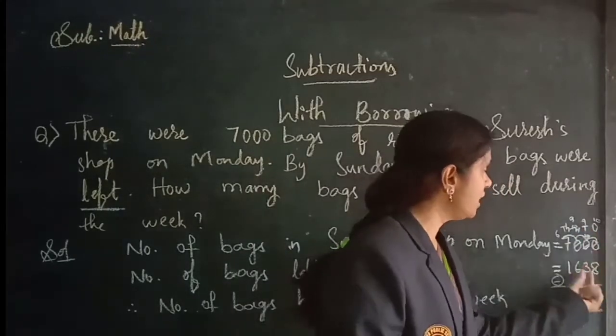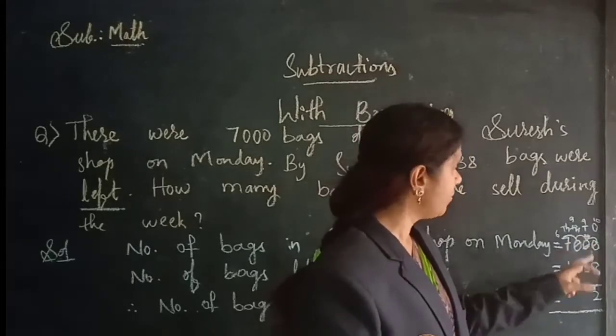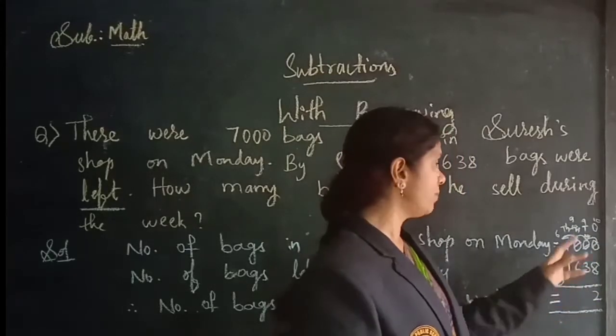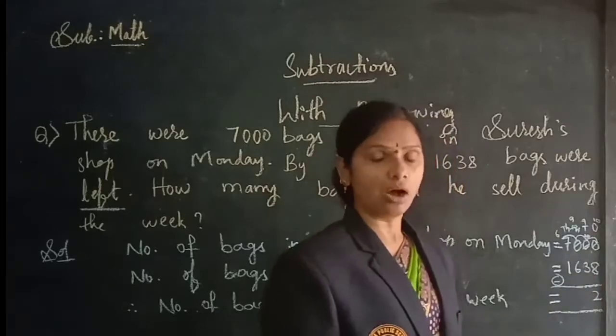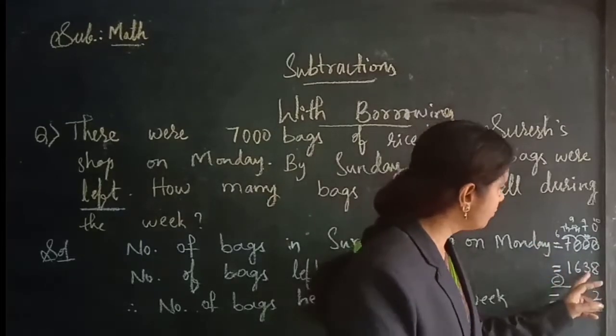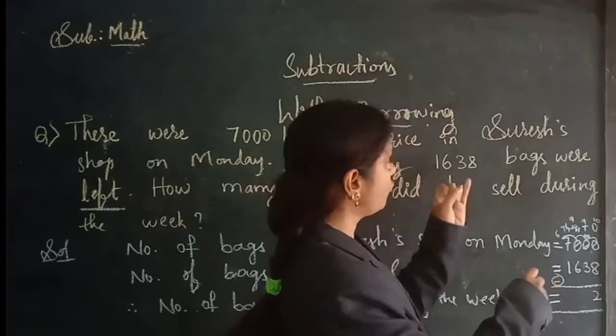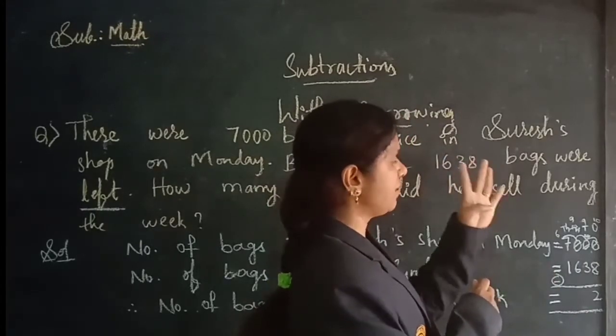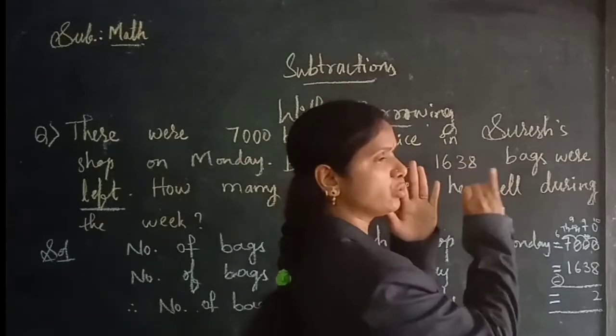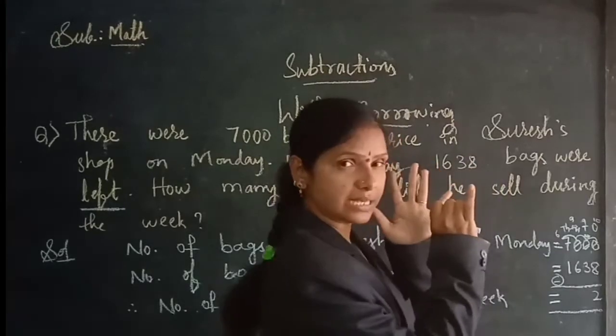Now let's subtract the tens digit. 9 minus 3. I can subtract by opening 9 and closing 3, or else I can move from 3 to 9 also. From 3 to 9 if I move, 4, 5, 6, 7, 8, 9. So how many did I open here? 6 I opened.